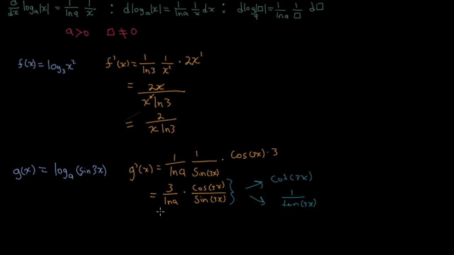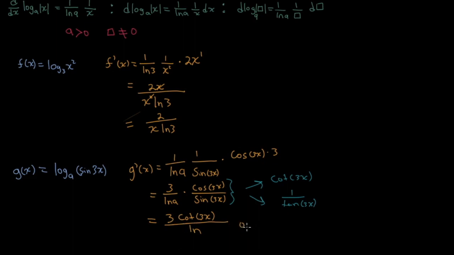So what I can do is I can either simplify it this way, which is 3 times the cotangent of 3x over ln a. Okay, that works.